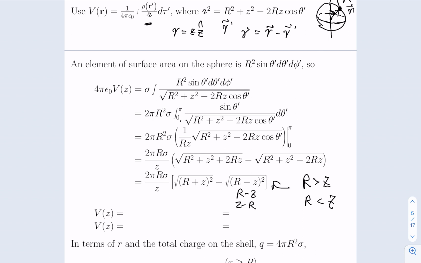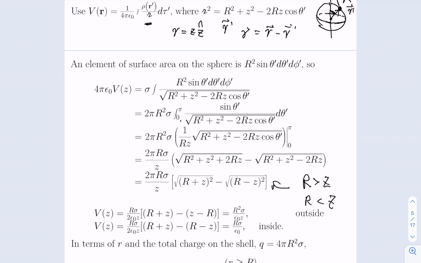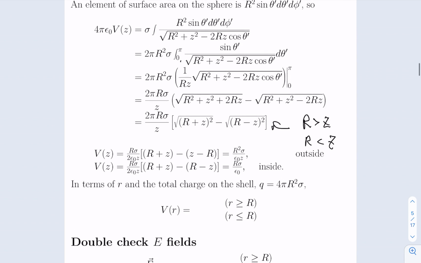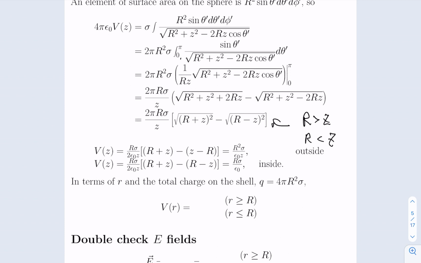If we pay attention and work this out, eventually you get an expression depending on the sign of r minus z. In the end the expression is simple, but it depends on whether you are looking at the potential inside or outside the shell.